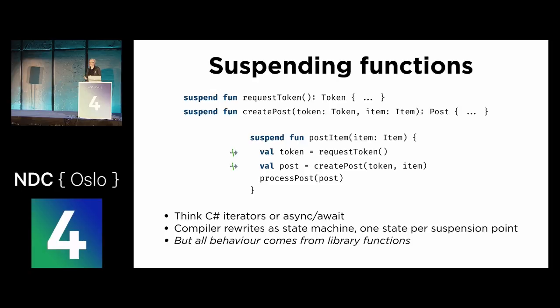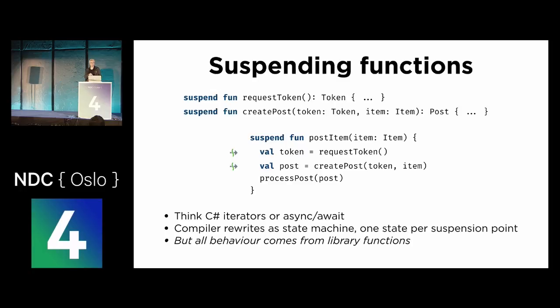When the compiler sees this, it will rewrite that function to be a state machine. And it'll create a state per suspension point. So it'll do some work, allow you to then yield and go off and do something else. It'll have a callback, and it'll come back, and it'll run the next step, and it'll go off and do that. So if you're familiar with C#'s yield return iterators, and also async await, it's a very similar mechanical process of rewriting that code into a state machine. But the big difference is that all the behavior actually comes from library functions, not from the compiler.